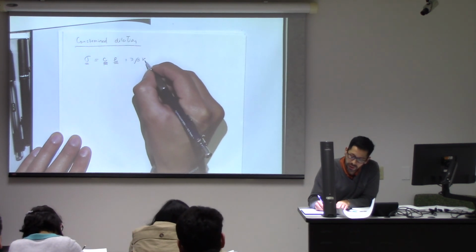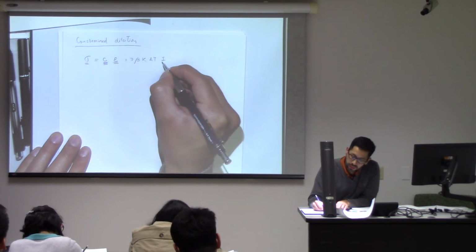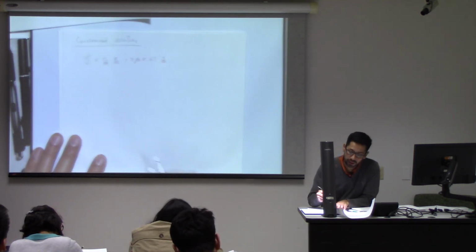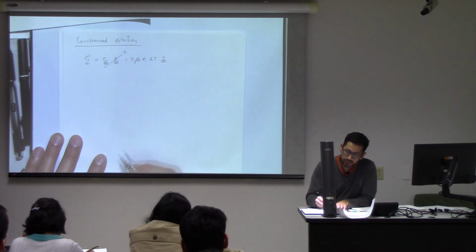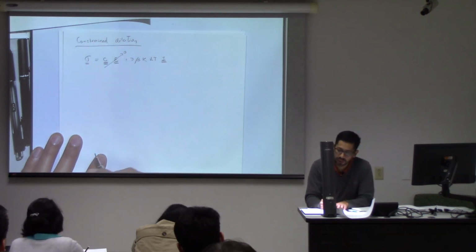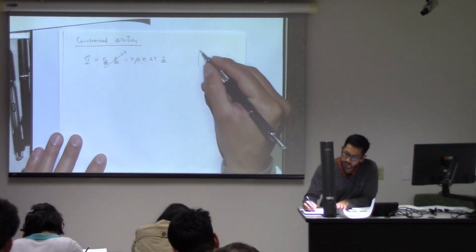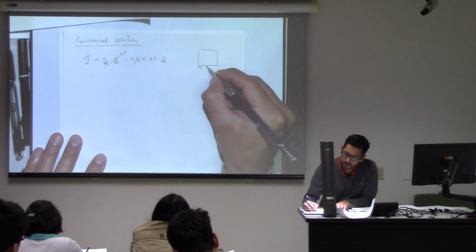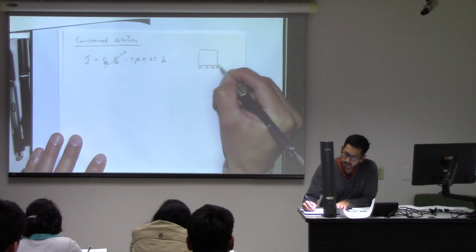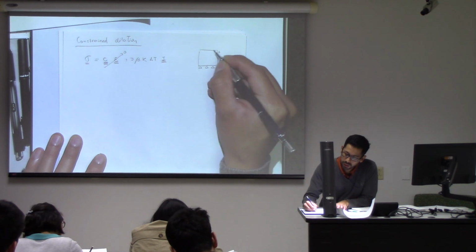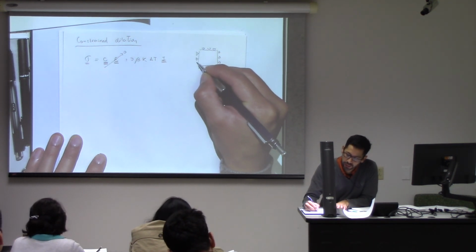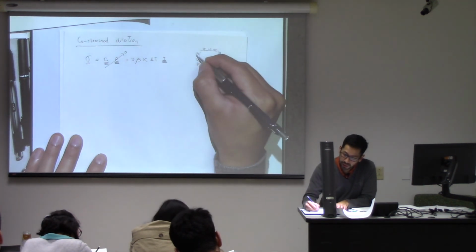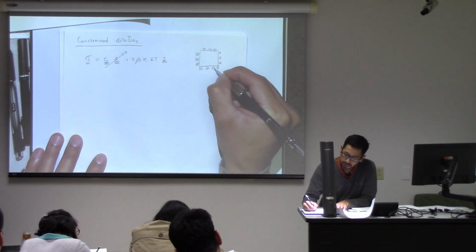It's the same equation as before, but now I'm saying no strains, because the strain tensor is going to be equal to 0. That will be equivalent to putting this solid in a box, a very stiff box, that does not let the solid expand in any direction as you change the temperature.